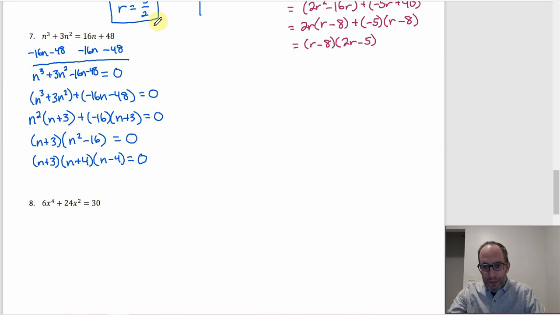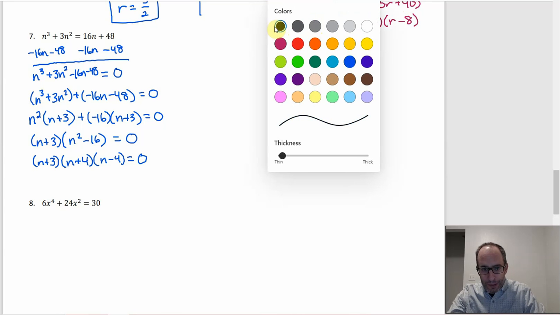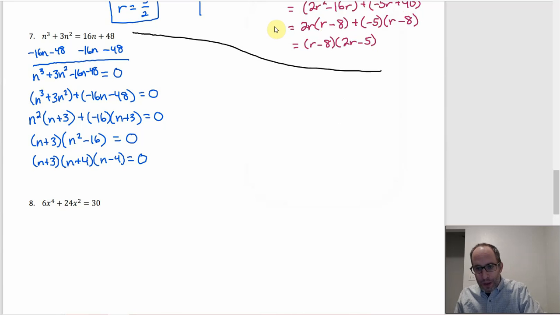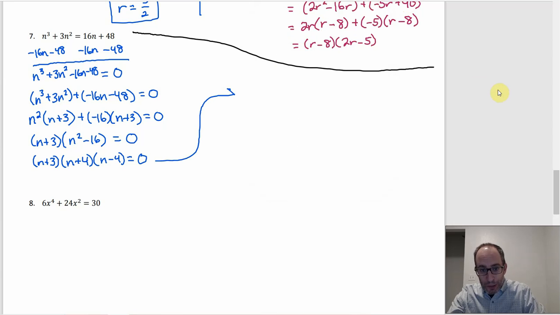So I'll use a different color to section this off, because I'm going to need to move over a little. All right, and then back to blue. Okay, so now we have a product of 3 things equal to 0, but the zero product property extends to that. So it's okay to have 3 things multiplied together to get 0. It's still the case that one of them would have to be 0 for the product to be 0.